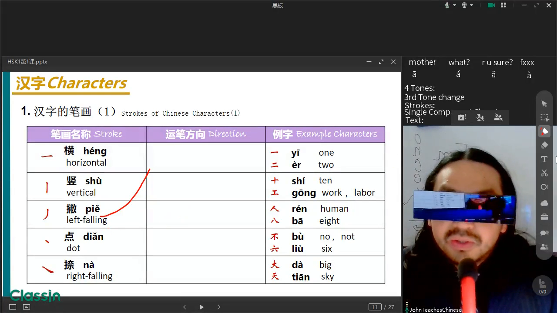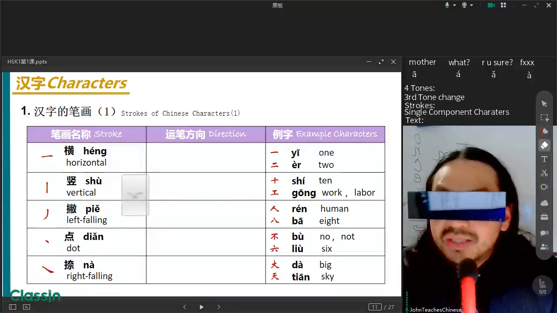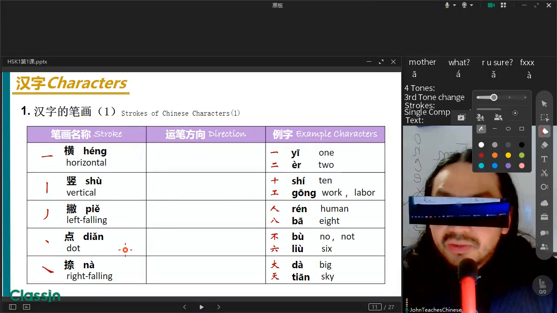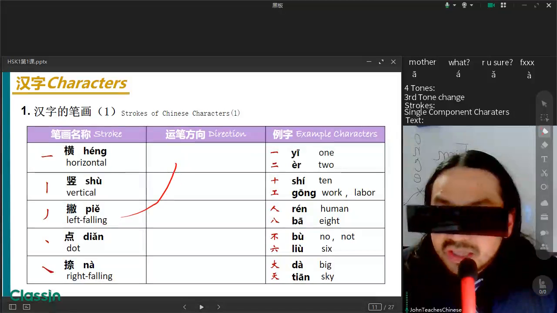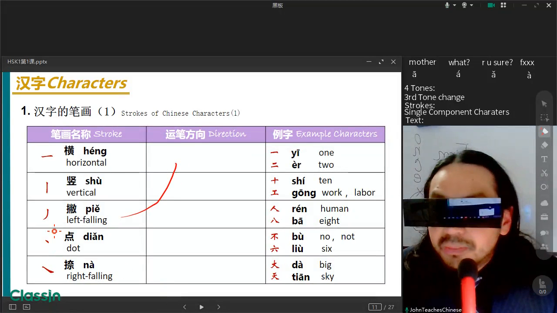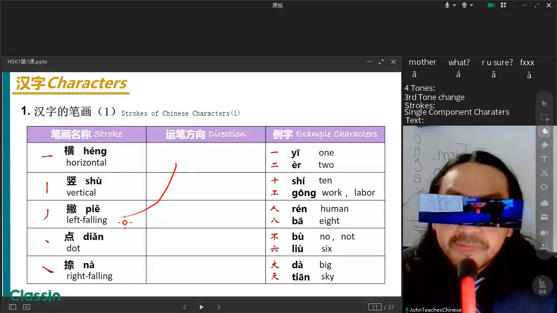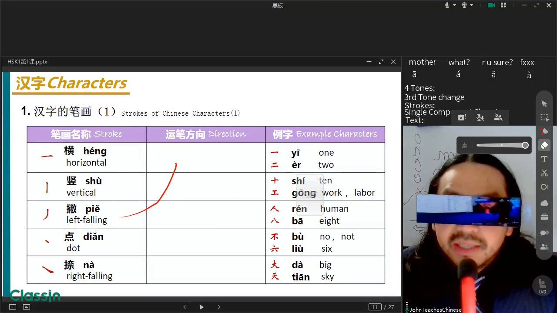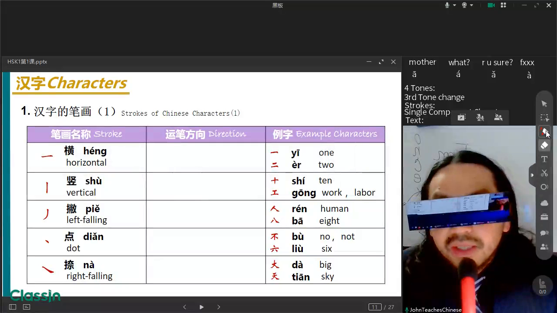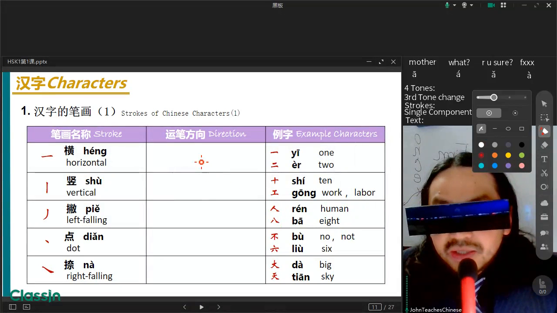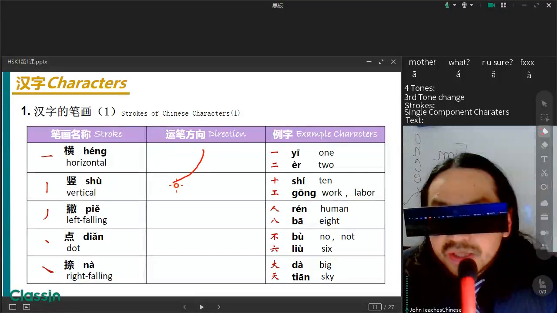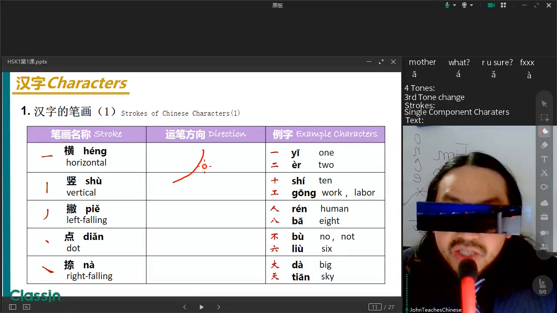I do not know how to translate it correctly. It's just this kind of stroke. It is called 撇. As we can see here, he wrote it in this way. This is just a 撇, a stroke.